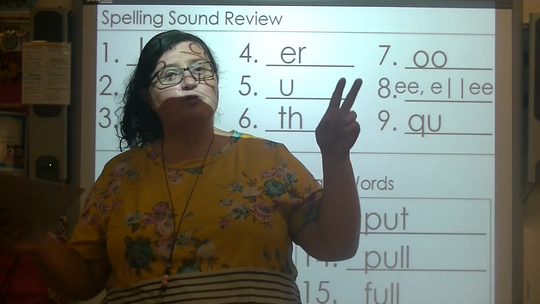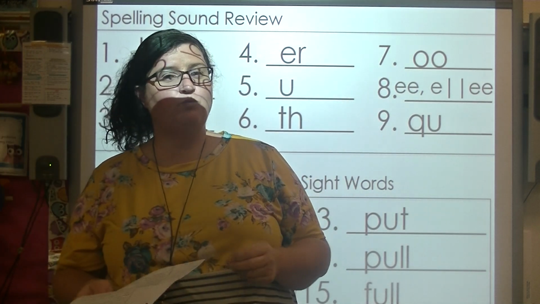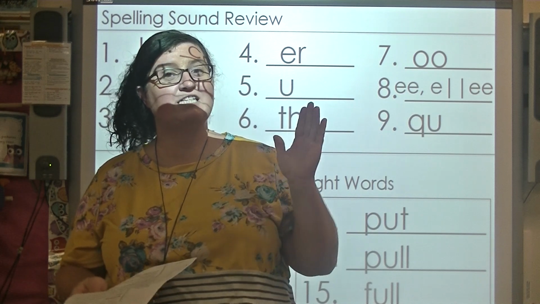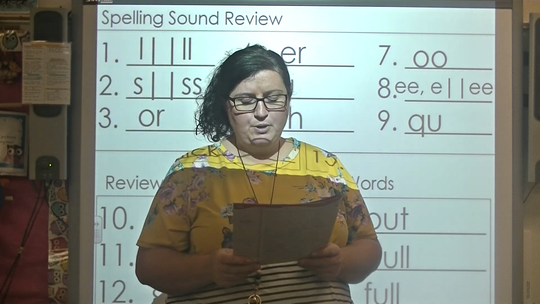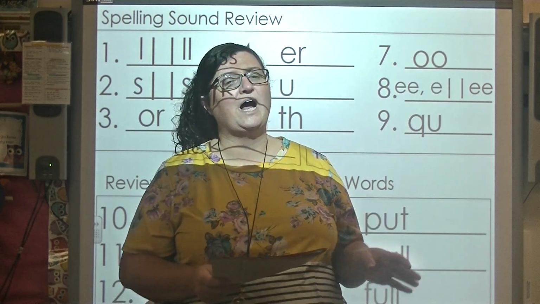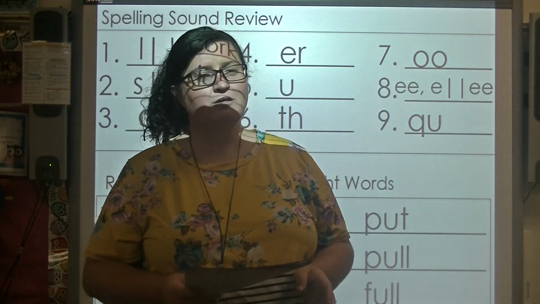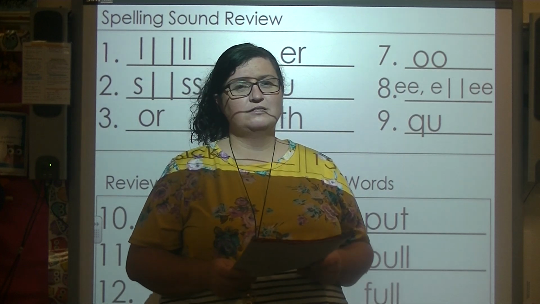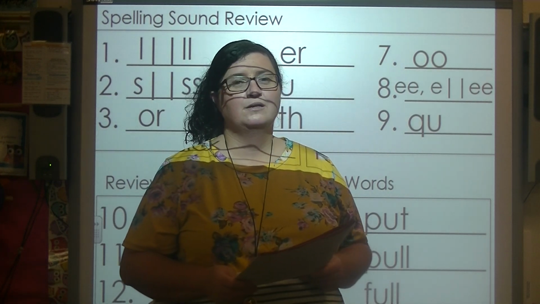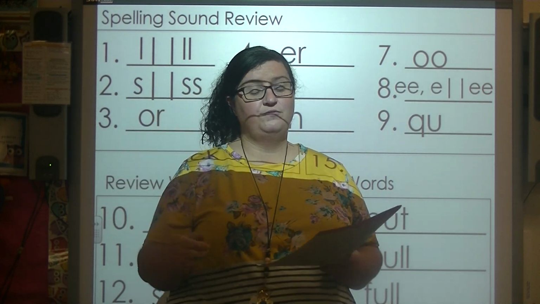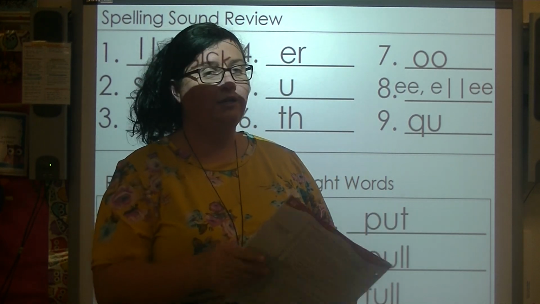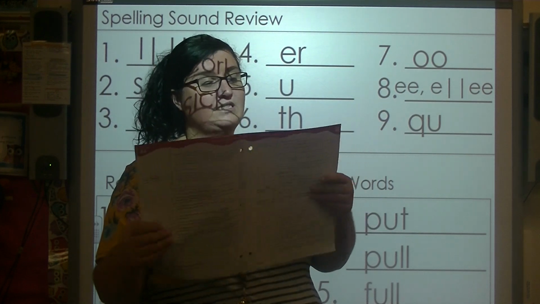We put those quotation marks around what the person is saying. What is the punctuation mark we use right before the quotation marks? We use a comma right before the quotation marks. That's right, to tell who is talking.